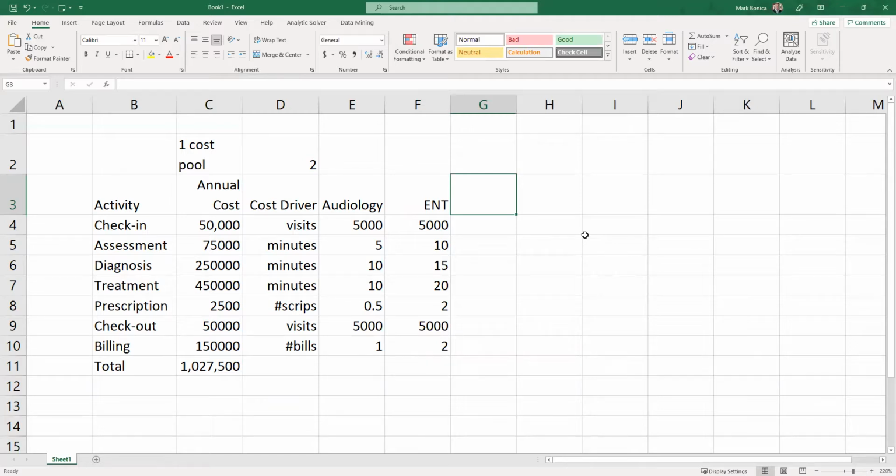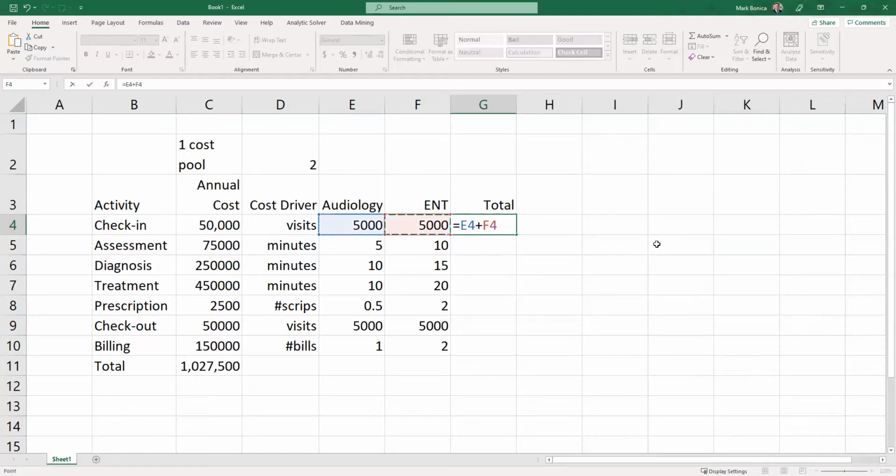Well, we use not the individual driver for each of the activities that are having overhead allocated to. We use the total. So the total column here. So how many total visits do we have, right? Because the driver is in terms of visits. Well, how many total visits do we have? Well, we have 5,000 plus 5,000, 10,000 visits, right? This is not rocket science here.